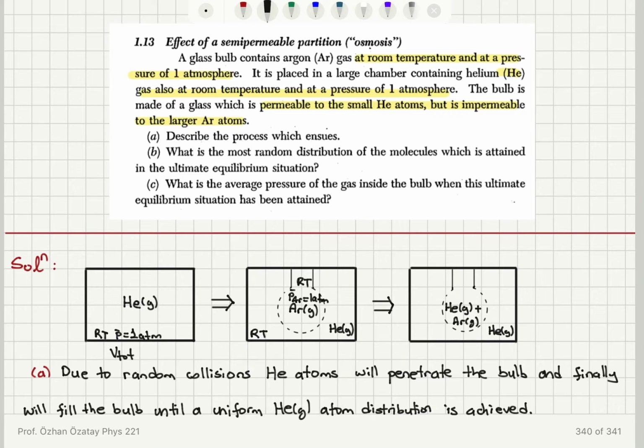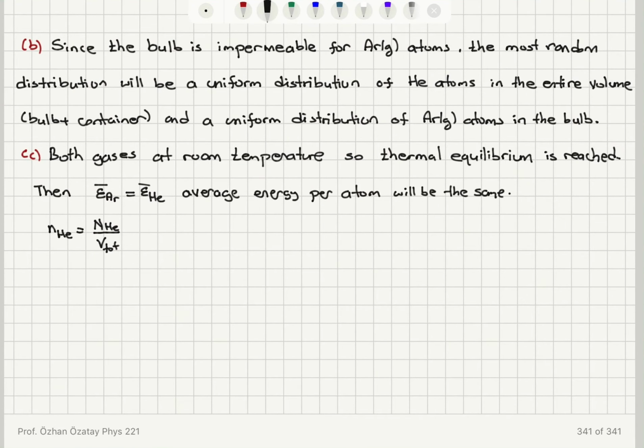And so let me call this the initial configuration, and this is the final configuration. In the initial configuration, I have a uniform distribution of helium atoms in the entire container, and also in the final configuration, I have a uniform distribution of helium atoms in the entire container, including the bulb. So this is the same initially and finally.